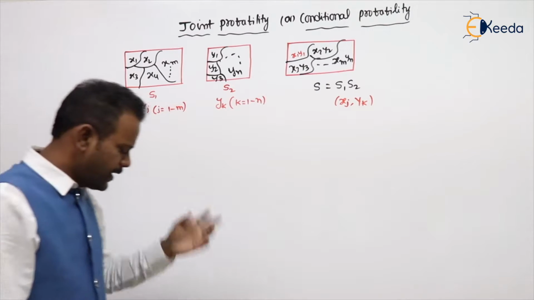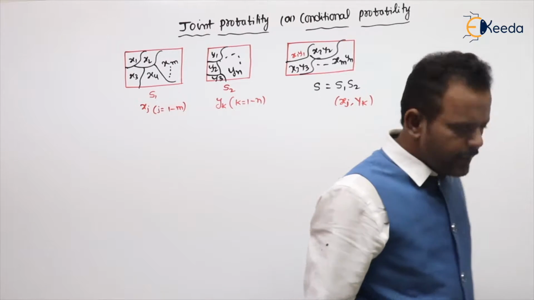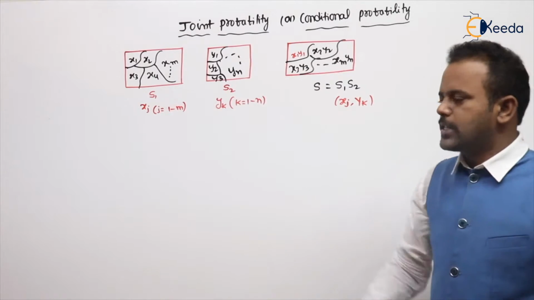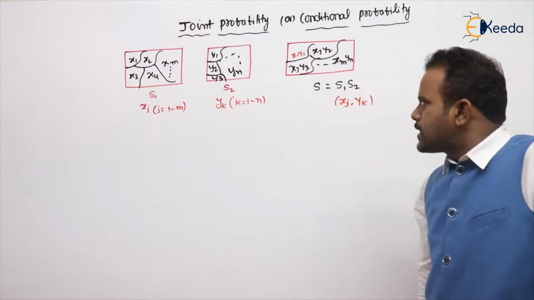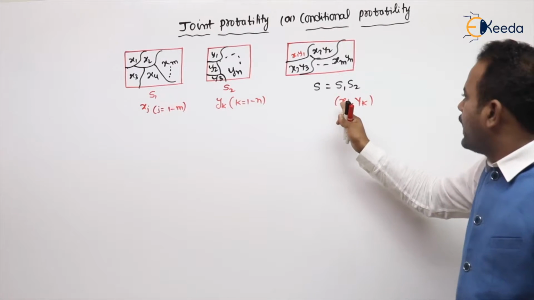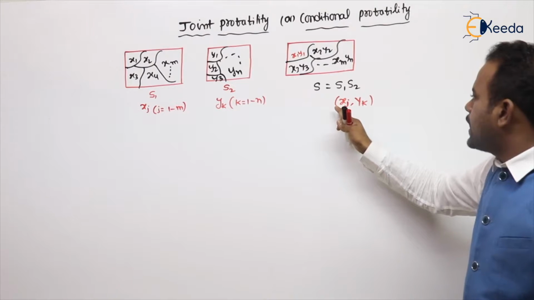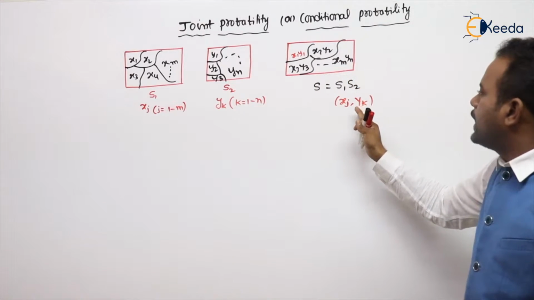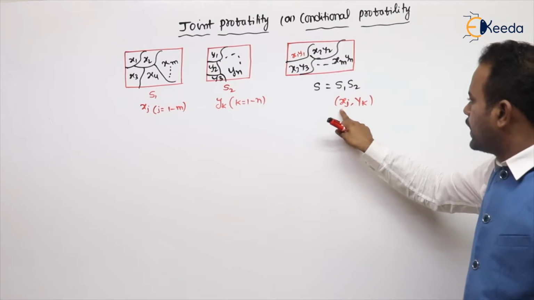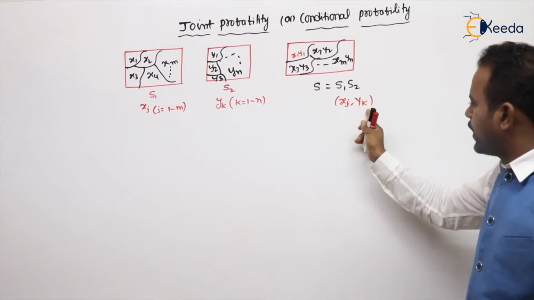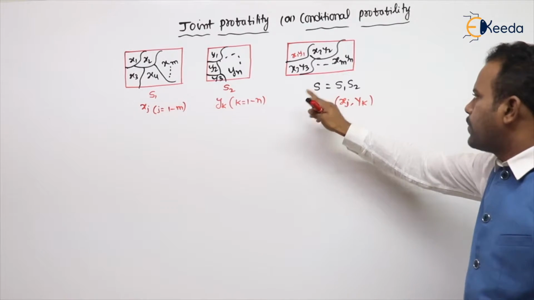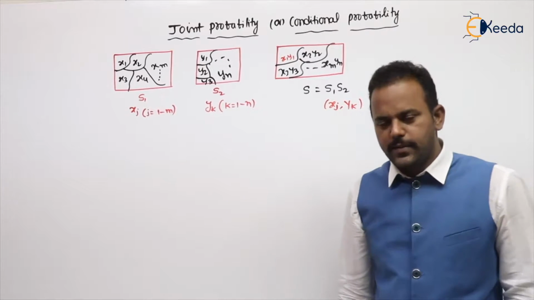This is their joint probability. Here xj is any element in the S1 set, yk is any element in the S2 set, and the pair xj, yk is the combined set in relation with both. That is the combined set I have taken.